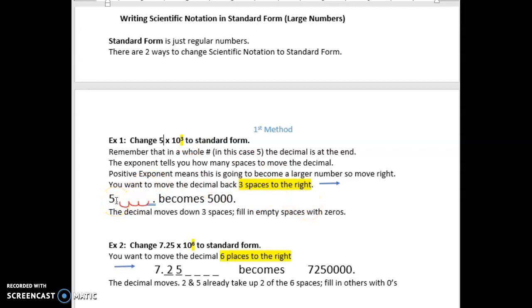So I have 5 point, but I have to do 1, 2, 3 decimal place movements, and 5 becomes 5,000. Now because I just had 5, I'm going to have to fill in those empty spaces with zeros. And that's how 5 becomes 5,000. So going from scientific notation to standard form, we went from 5 times 10 to the power of 3 to the standard form number 5,000.